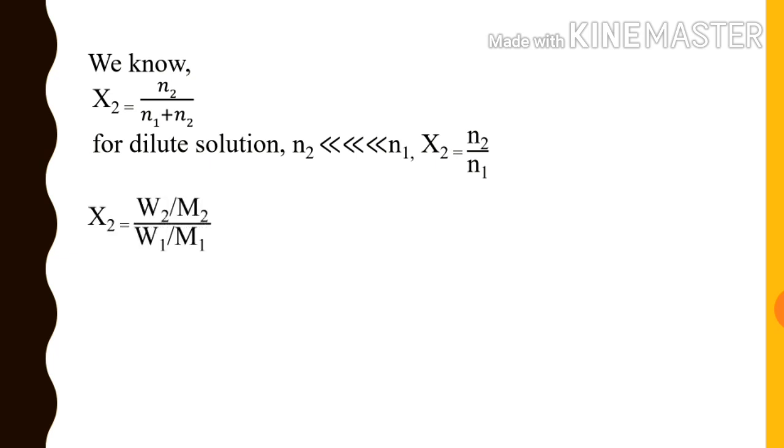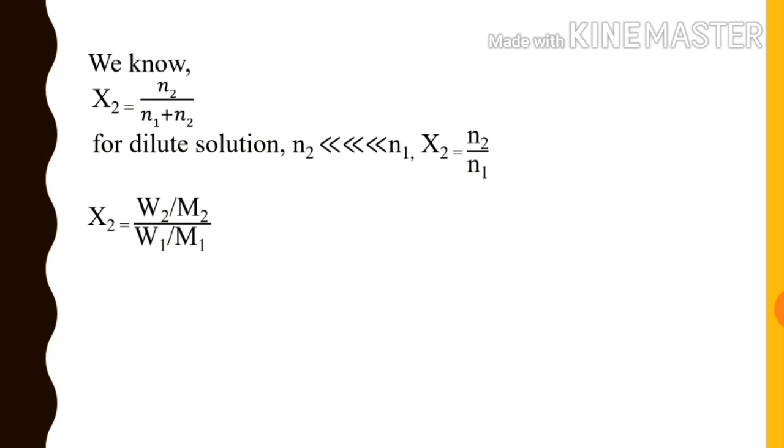Next, how do we calculate the number of moles? We know the definition of number of moles: weight upon molecular weight gives the number of moles. Here, W2 upon M2, that is the weight of solute upon molecular weight of solute, gives the value of n2. Similarly, we put the value of n1, that is the weight of solvent upon molecular weight of solvent.